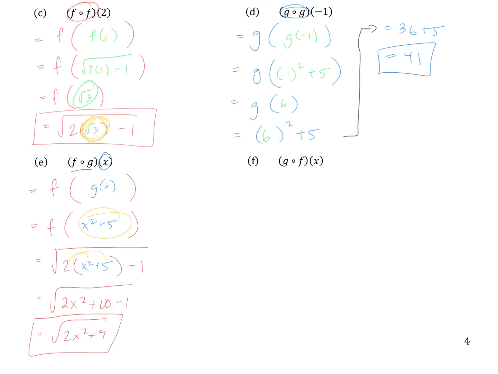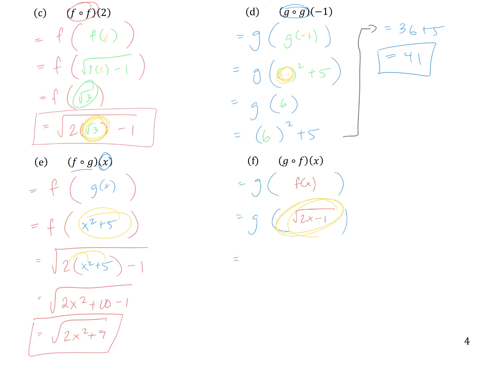Now, moving on. This time we have g of f of x. So f is first. So this is going to be g of, and first I'm going to input f of x. I'm just trying to give space so you guys can see what's going on. And then again, f of x is the square root of 2x minus 1. That is my new x value that I'm going to input where I usually put x for my g function.